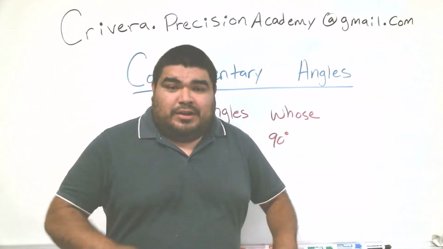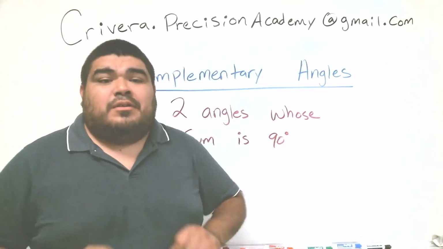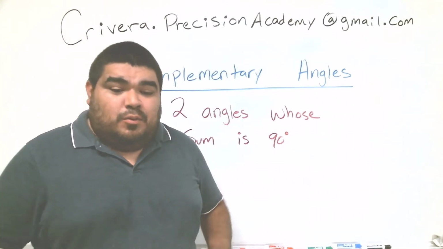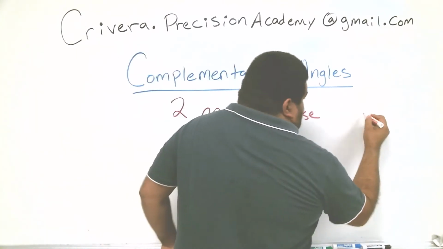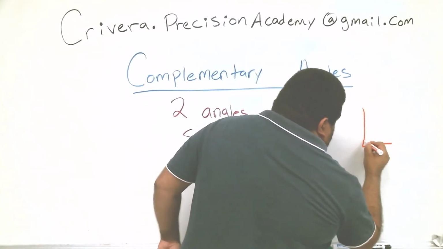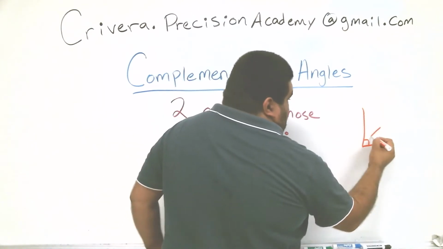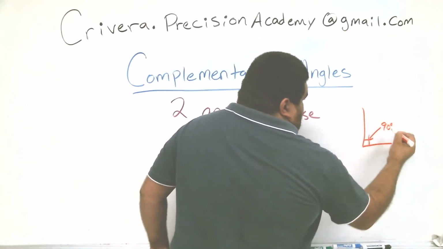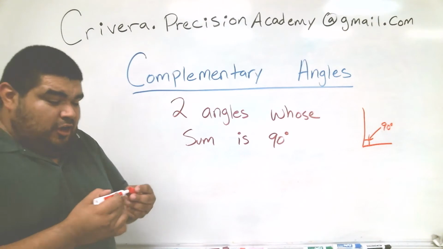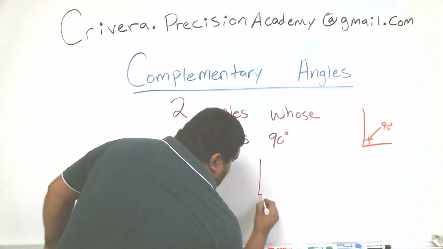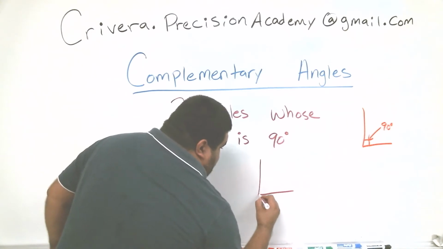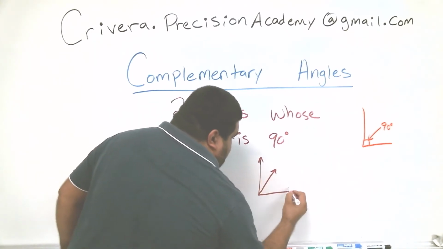So again, two angles come together, they form 90 degrees, which is usually seen as an L. When two angles come together, you still have that L, but now you have another line in the middle.